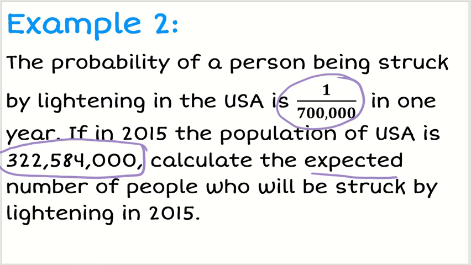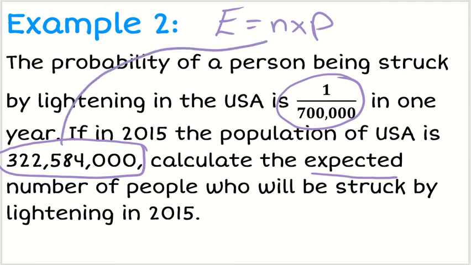And what we've got is our formula, E equals N times P. So this is the formula we need to use. I know my sample size, or N, the number of people, in this case is the 322 million. That is my sample size. And the probability, well, that's that 1 out of 700,000.